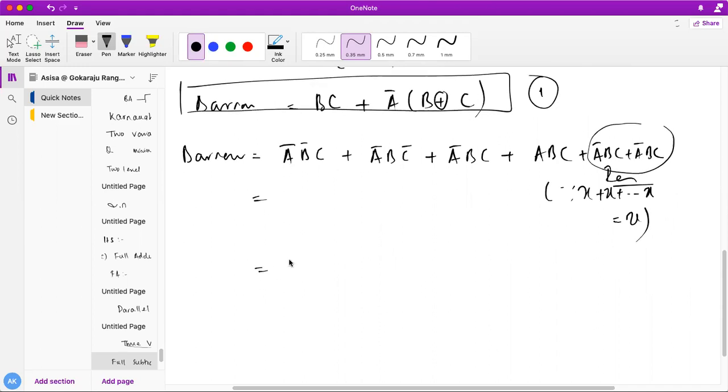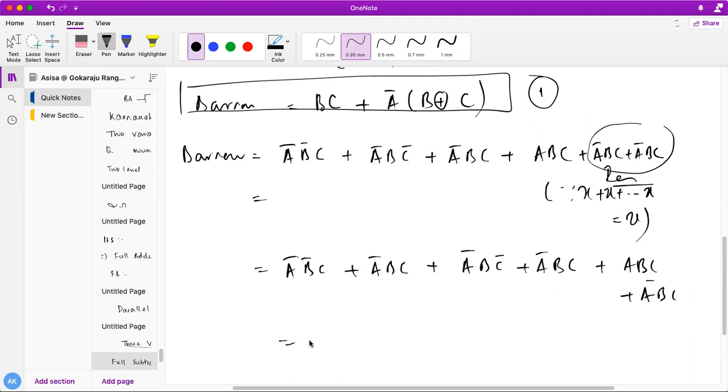Okay, so see here what I'm going to do. Now I'm just going to put all the things with the distributive law. A bar bc, a bar bc bar, a bar bc, another one is abc or a bar bc. Okay, if I apply the distributive law over here, what will I get? This is a bar c, b bar or b. Next, this will be a bar b, which is c bar or c.